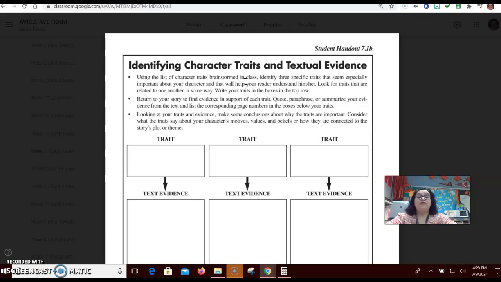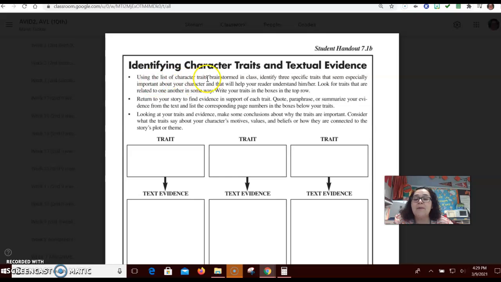So what I want you to do before you do this handout, I want you to take a piece of paper, and for the character that you've selected, whether you selected Cinderella or Beast from Beauty and the Beast, I want you to list all of the character traits you can think of when it comes to that character, what they look like, what they act like, what they do, what they believe, and just list. You might have 10, you might have 15, you might have 8, no set number.